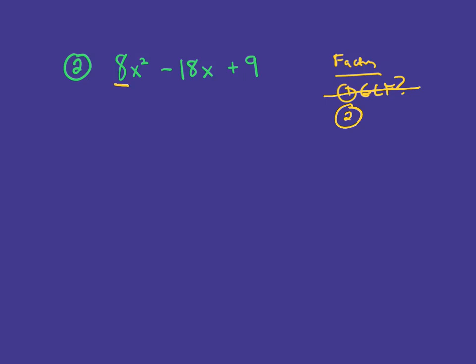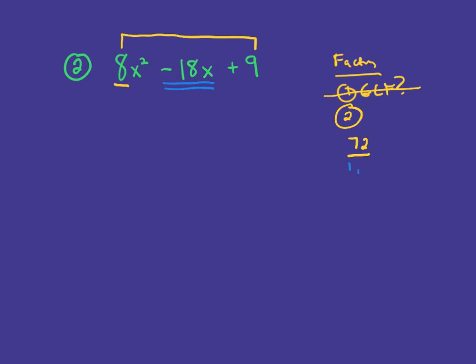Second, since this number in front of x squared isn't 1, we'll multiply the 8 and the 9 and get 72. And then we're going to make a list of things that multiply to be 72 and that can add to be negative 18.